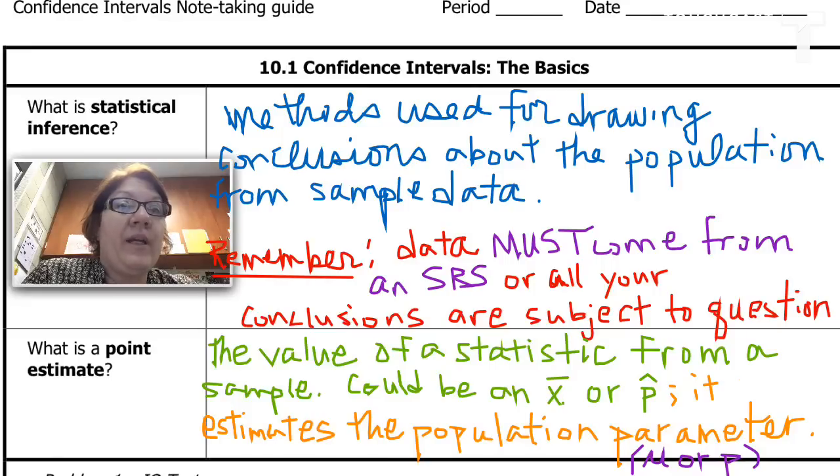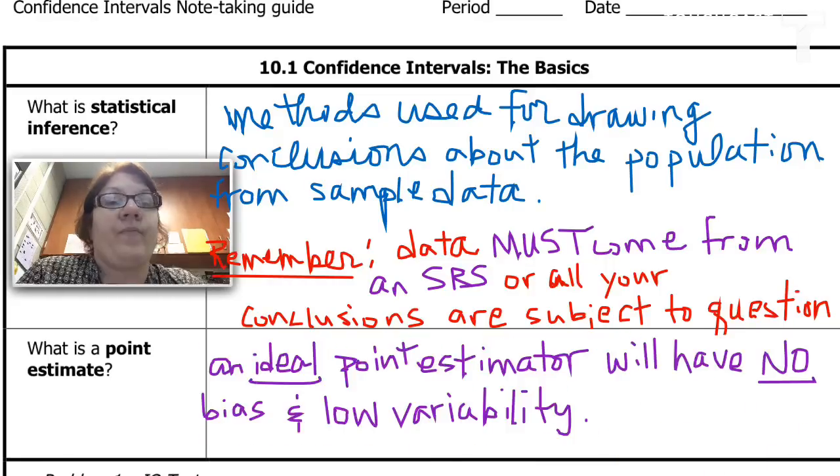So it could be either an X bar or a P hat. Those are the estimators we've looked at so far. And we know that those are going to estimate the population parameter, which is either mu or p. In addition, the ideal point estimator will have no bias and low variability.